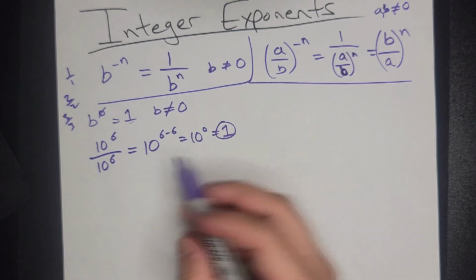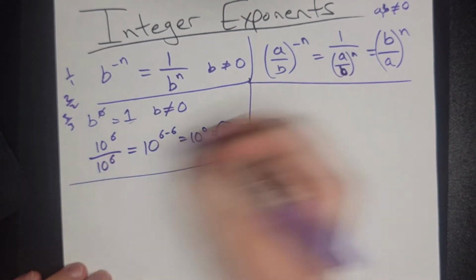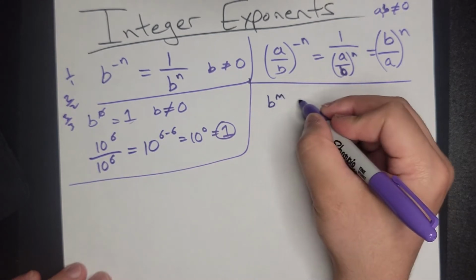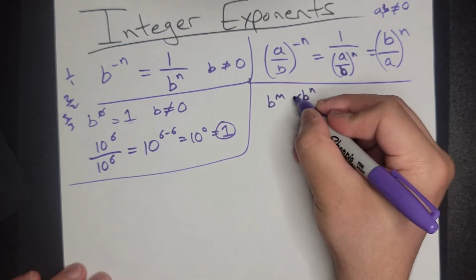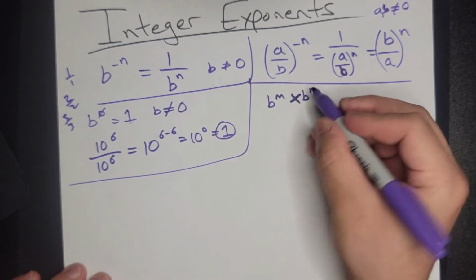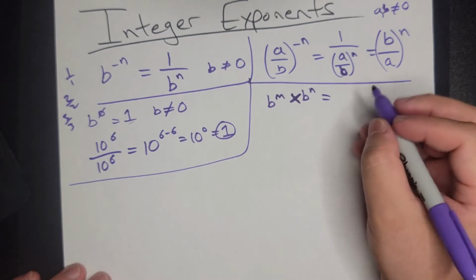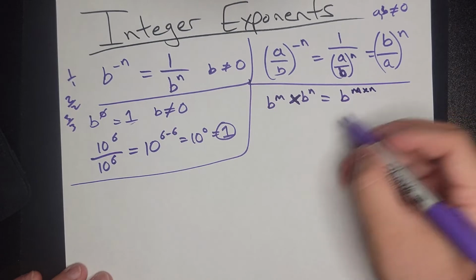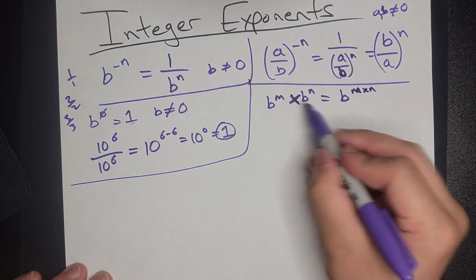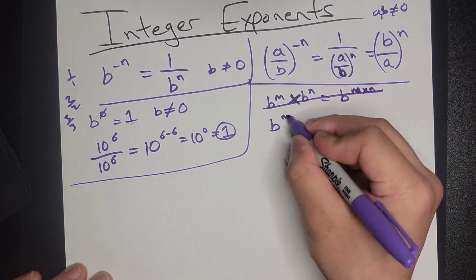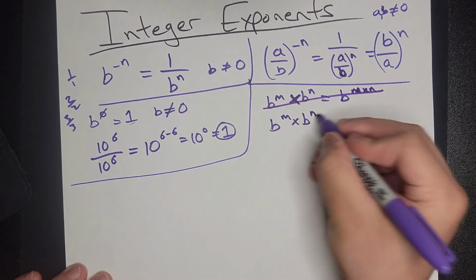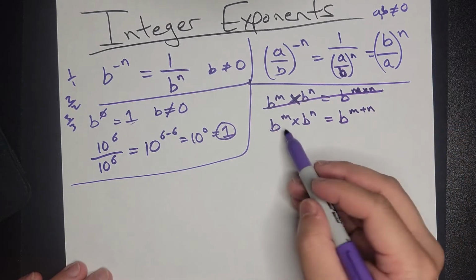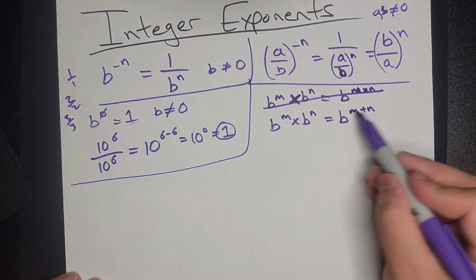Yes, so we have exponent multiplication: b to the m times b to the n gives me b to the m plus n. I wrote that wrong. So when we're multiplying exponents with the same base, we add the exponents.